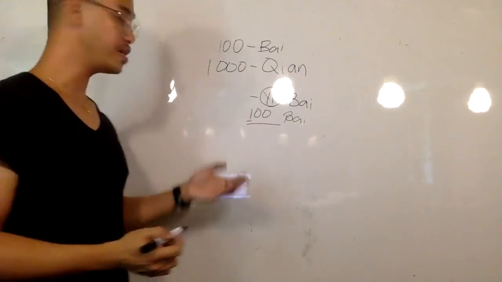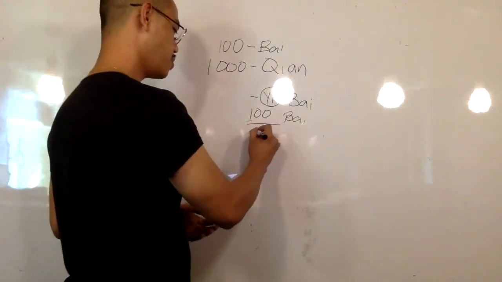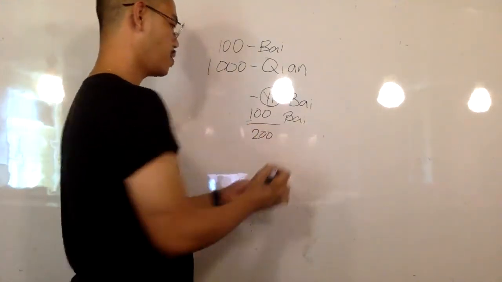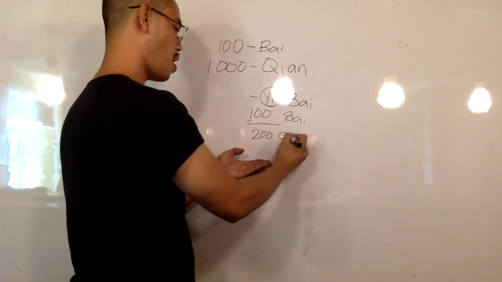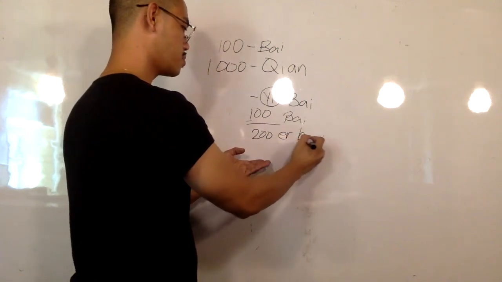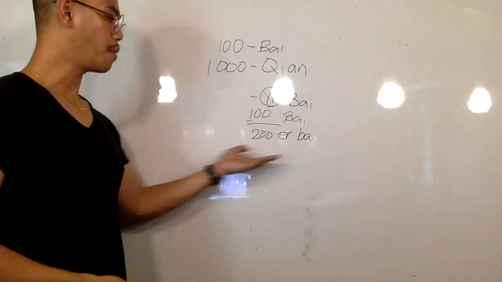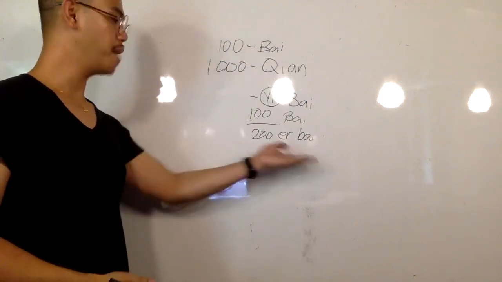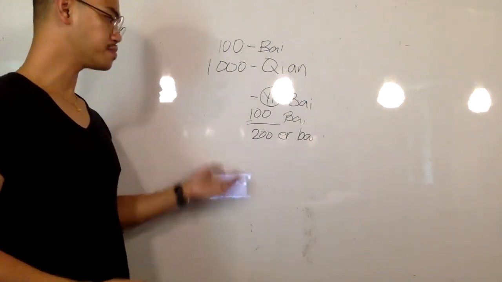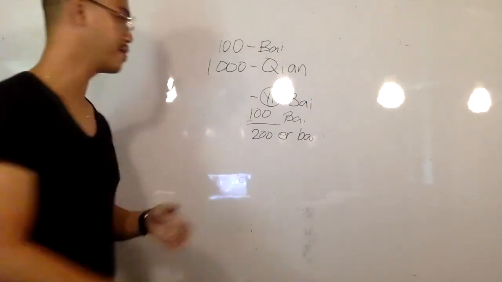How do you say 200 though? Èr bǎi. How do you say 101?